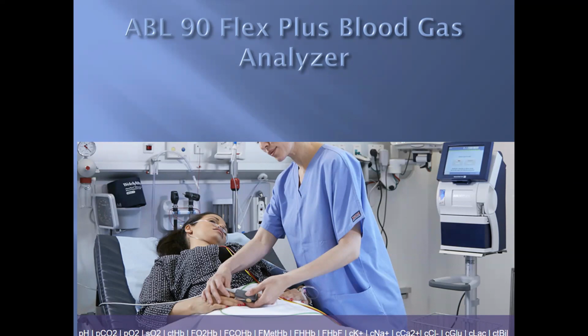So CT hemoglobin is, I wonder what CT stands for. I know what F stands for. There's a whole bunch of F's there. And then your potassium, sodium, calcium, chloride, glucose, lactate, and bilirubin.